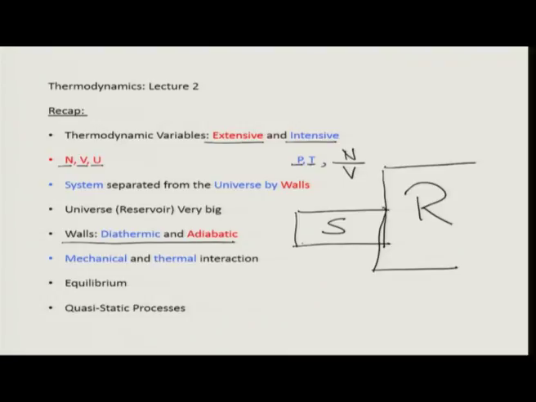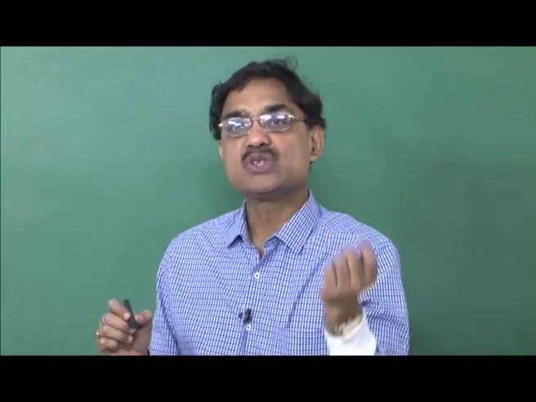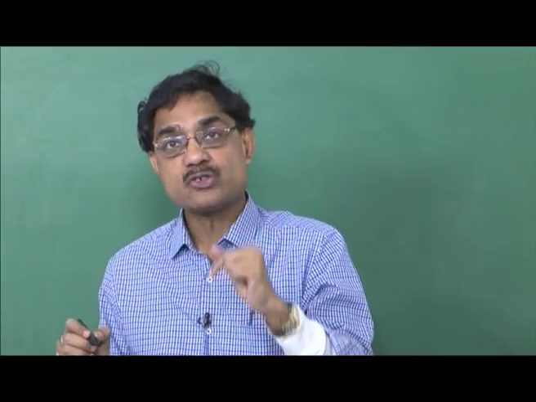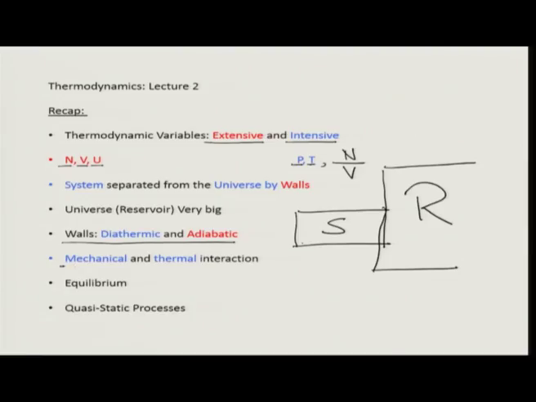In general, we will consider walls which are diathermic and also movable, so that I can do some mechanical work on the system. On the other hand, the system can also do some mechanical work on its own on the universe. So, two types of interactions I mentioned, mechanical and thermal. There could be other types of interactions. For example, there could be particle exchange, which we are not interested in in the present set of lectures.